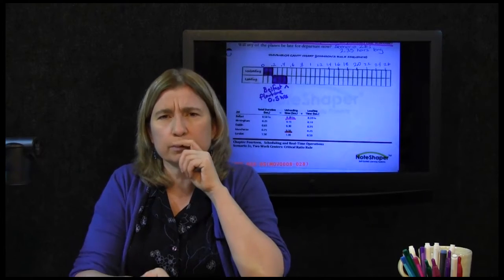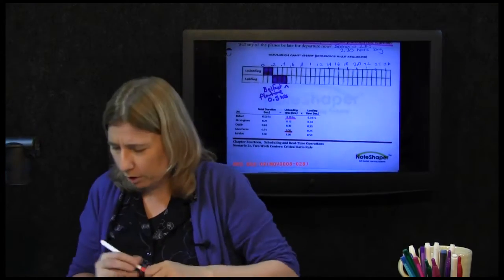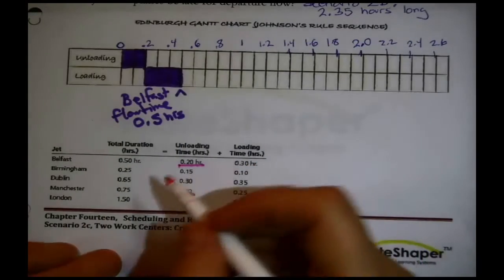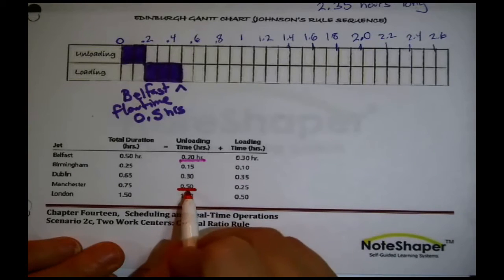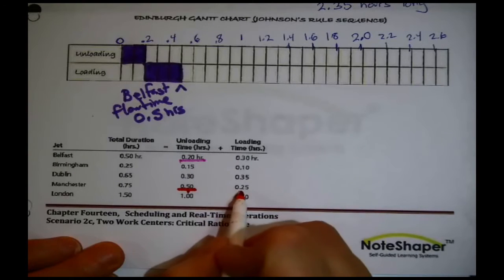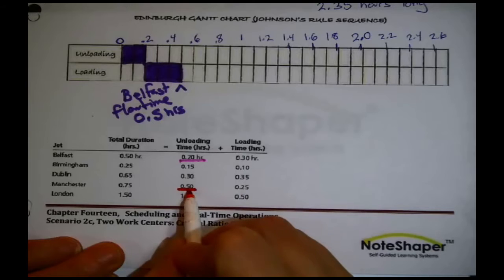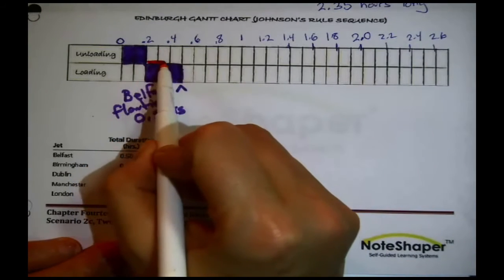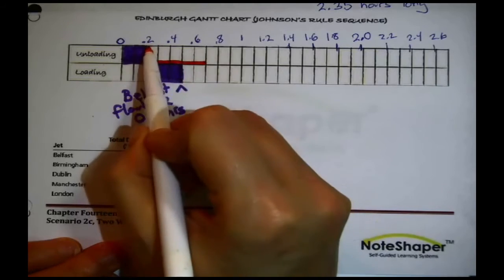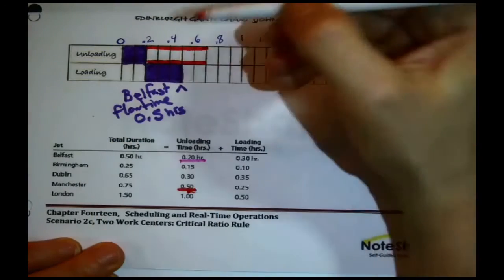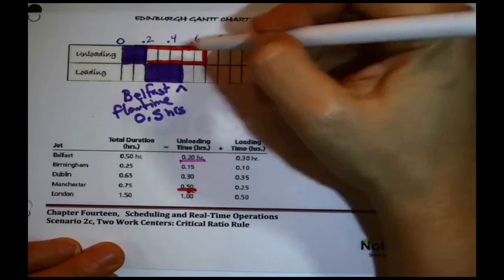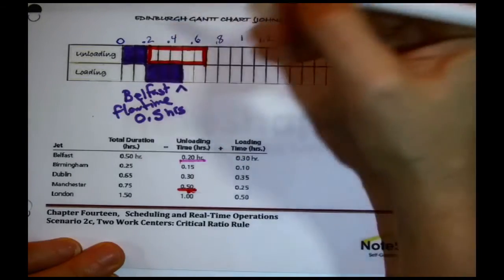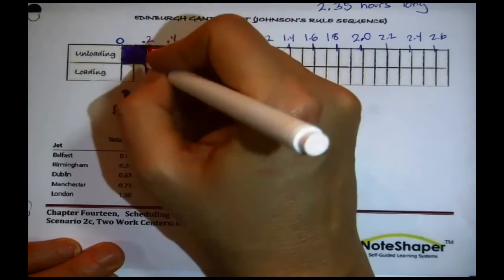We had decided to do the Manchester flight next. Okay, Manchester. Manchester is a half an hour of unloading and 0.25 hours of loading. A half an hour of unloading, that would be 5 columns. 1, 2, 3, 4, 5. I'm reserving the unloading time. It has to wait until Belfast is finished. But this is Manchester.